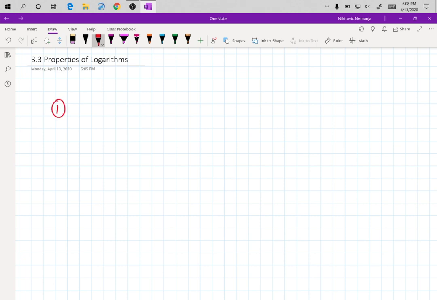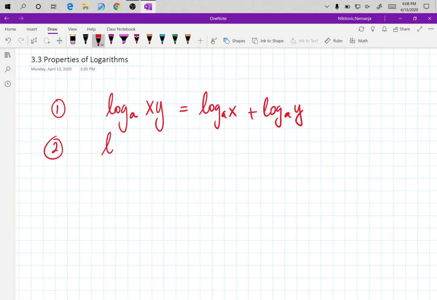Formula number 1 says log of any base a of x times y is equal to log a x plus log a y. Formula number 2 is log a of x divided by y is log a x minus log a y.